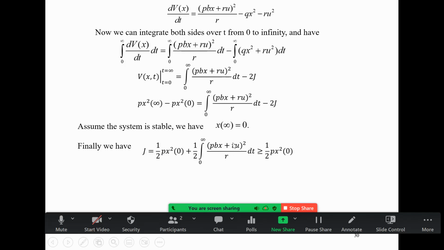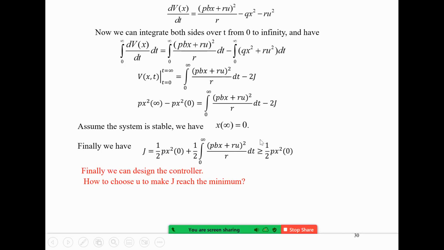If we can make this one to be 0, is that clear? We want this one to be 0 to reach the minimum. You can say, hey, it's easy, I put PBx plus Ru equals 0. Then we solve for that, we get our control input.